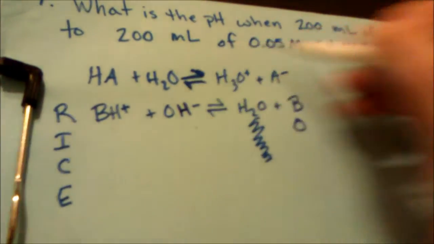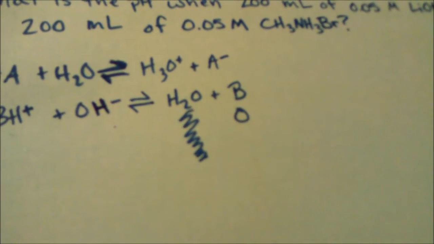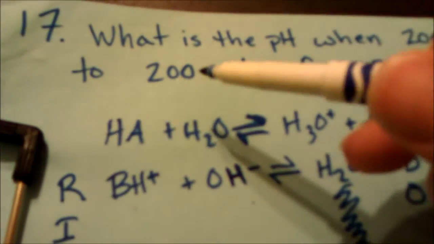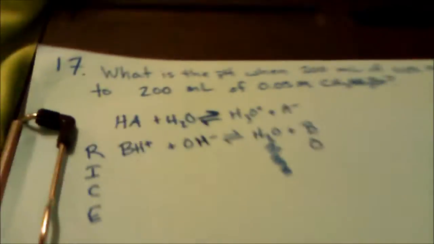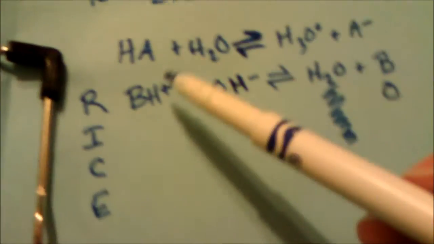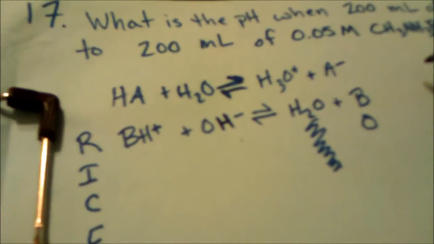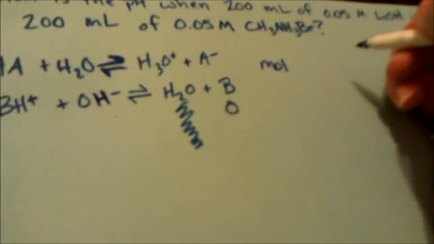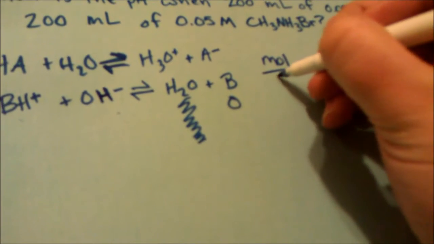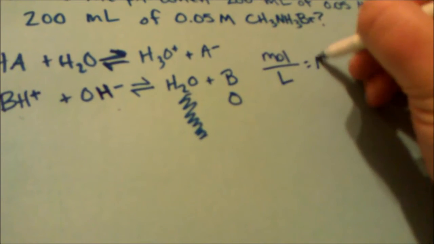So that's 200 mL of 0.05 molar CH3NH3, but I also have to keep in mind that my new solution is going to have not 200 mL, but 400 mL. So I need to make sure that I start with an initial concentration that is consistent with my new volume, which means I need to figure out how many moles are in my solution so I can divide it by the total volume that I now have to get my molarity.